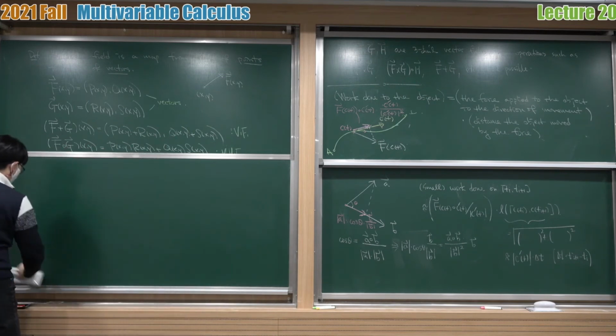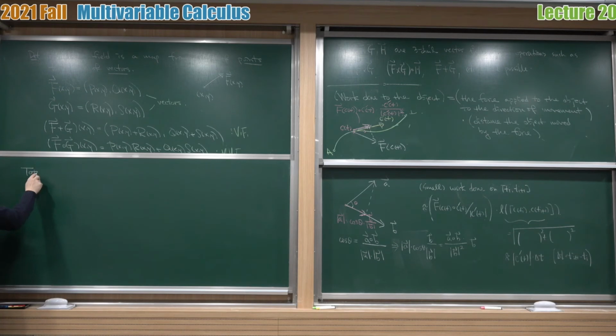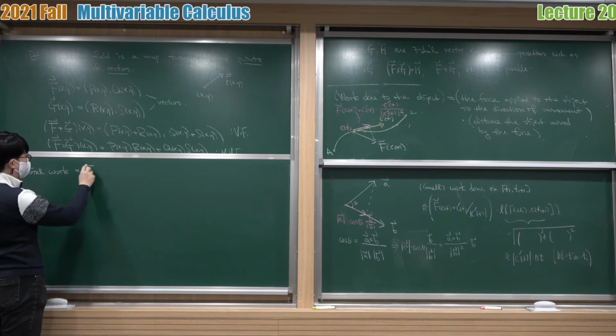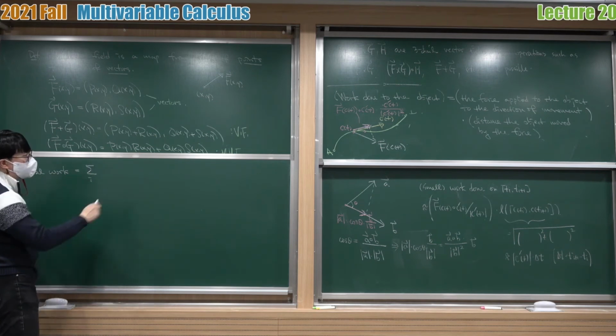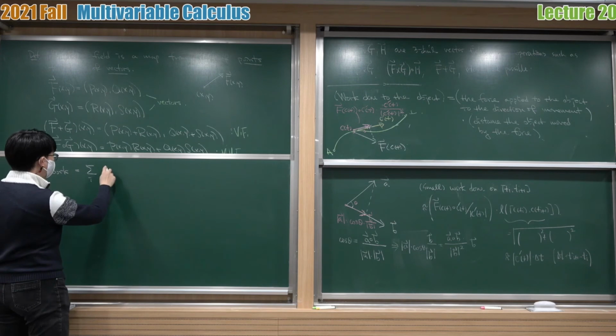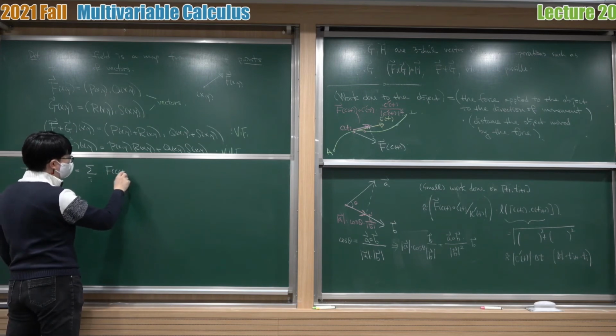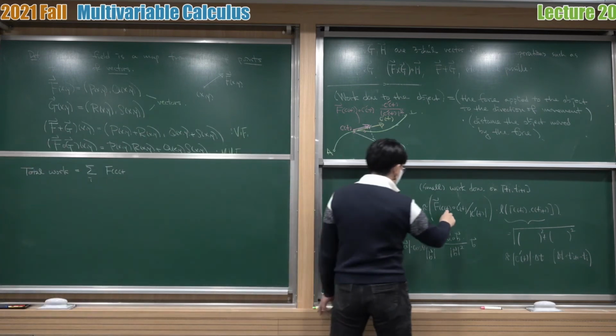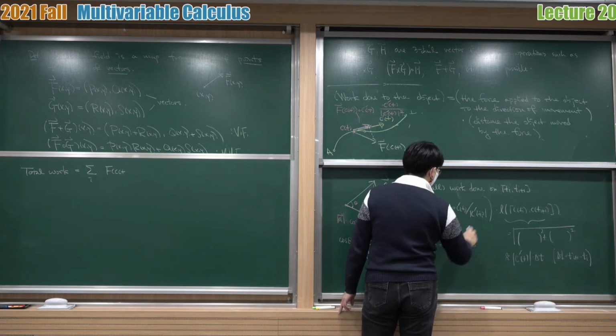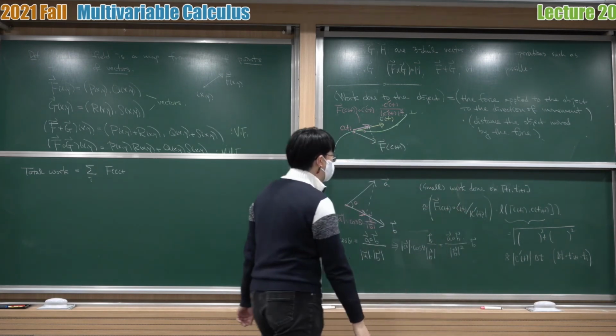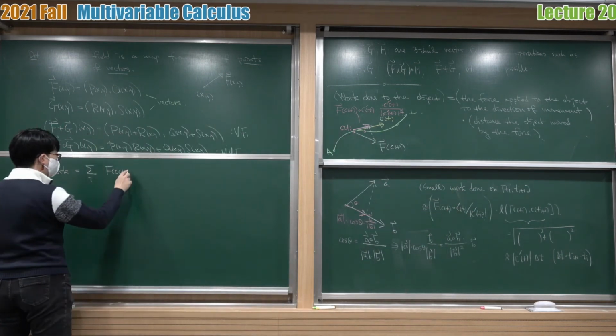So total work is the sum over i of F(C(ti)) divided by |C'(ti)| times |C'(ti)| times delta t. I'm sorry, it's not just t, it's ti everywhere, so I'm talking about at ti.